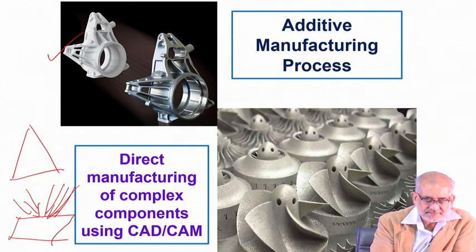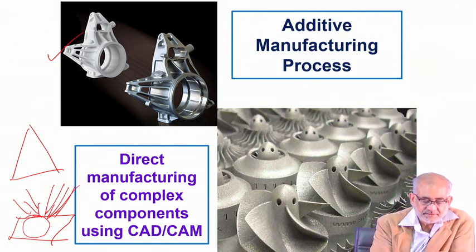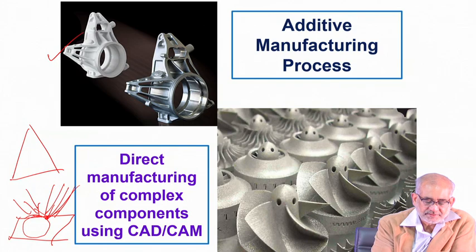So in the first case, I'll allow a circular motion of the beam or the stage, in this case maybe the beam, and the powder hopper. So the beam interacts here and the powder comes and hits here. So you melt the powder and you deposit the molten powder at this point, and then the beam and the powder move away, and they go to the next spot and again deposit another layer.